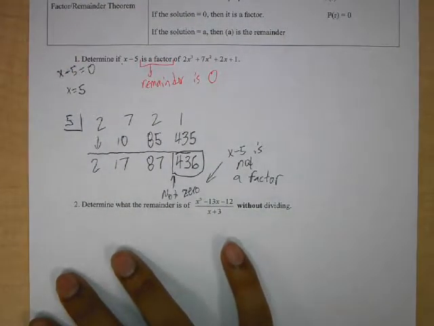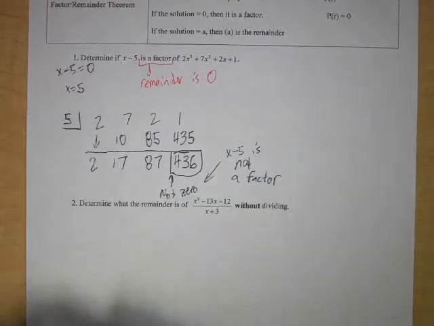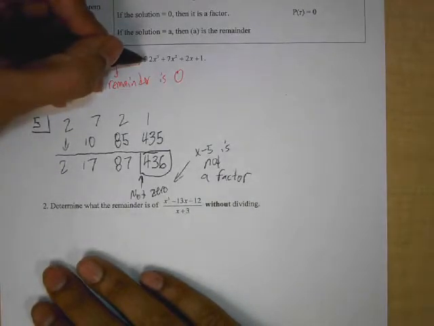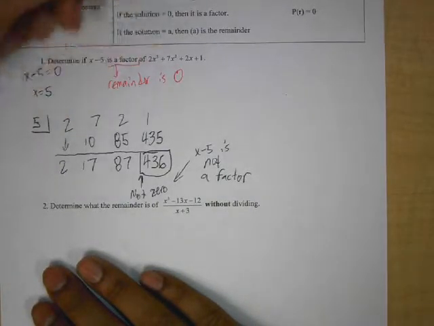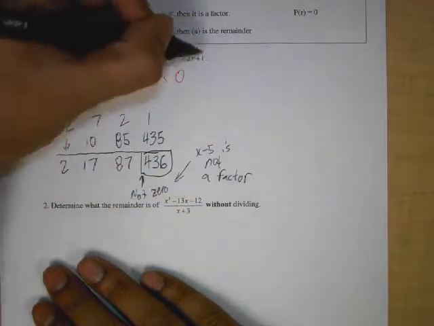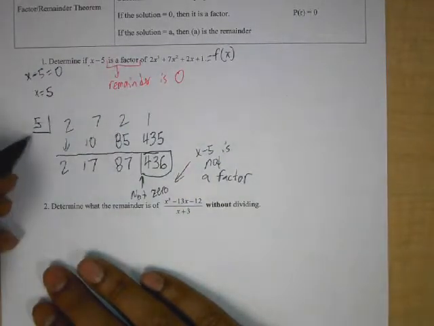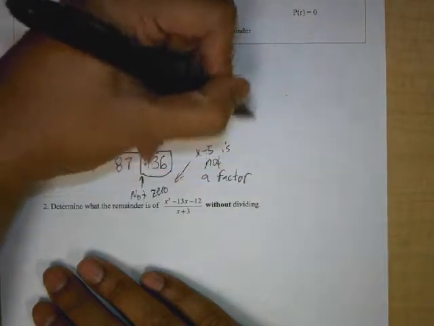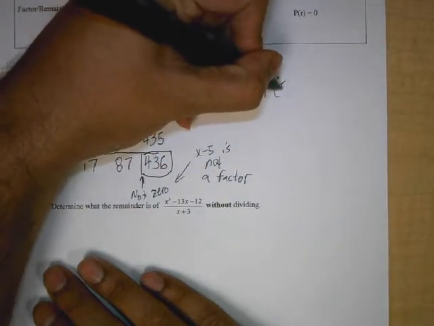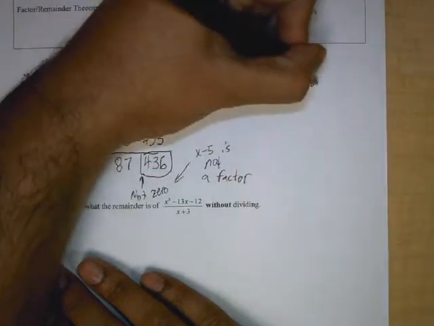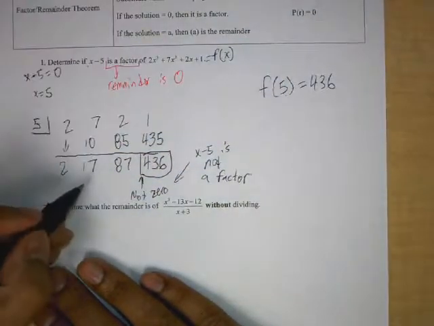Now, a little piece of bonus information that we learned doing this, okay? So you know we have this piece right here, okay? And if I just said, hey, this is f of x, well, by doing this, I actually learned that f of 5 is going to equal 436, right?